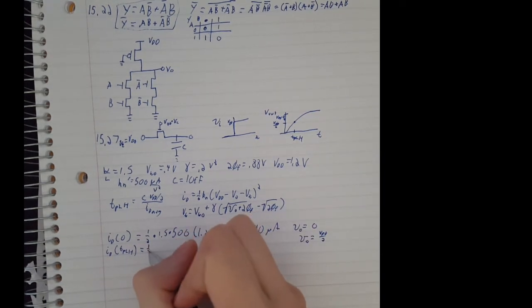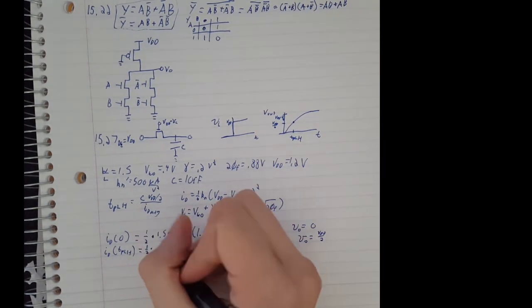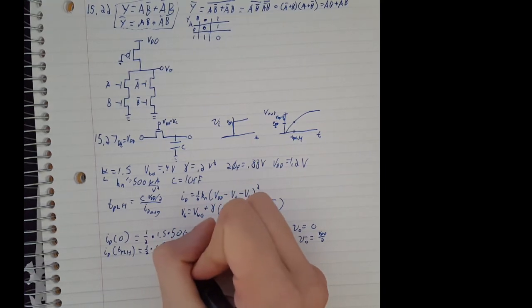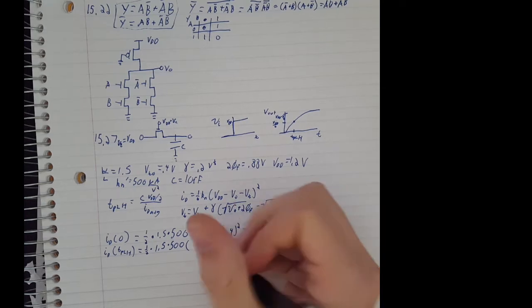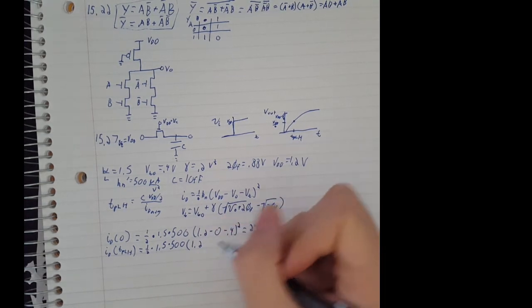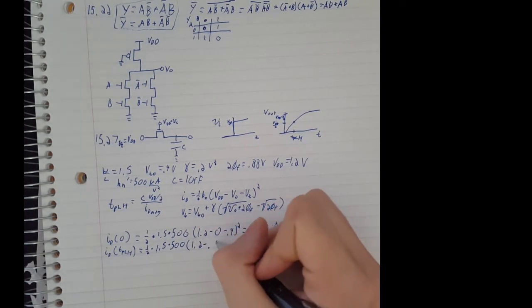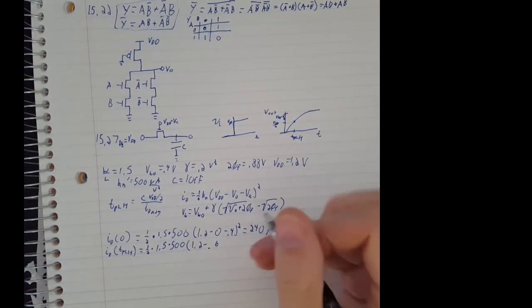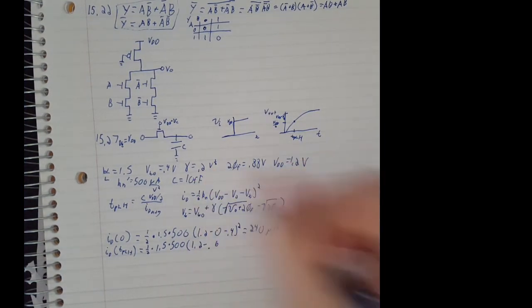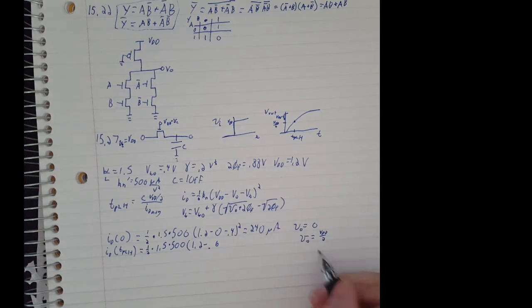So it's going to start off the same way. 1/2 times 1.5 times 500. This is just Kn. Our VDD is still 1.2, but now it's minus 0.6. And we have to find our VT for this new V out.